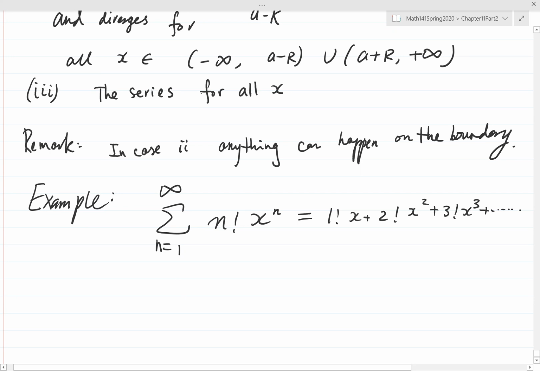Now, as we explained, factorial increases really fast. For what value of x?